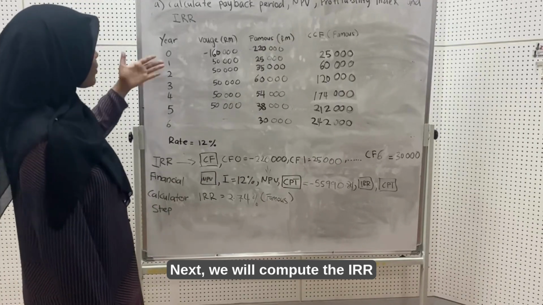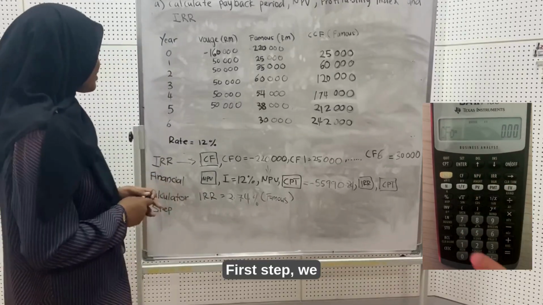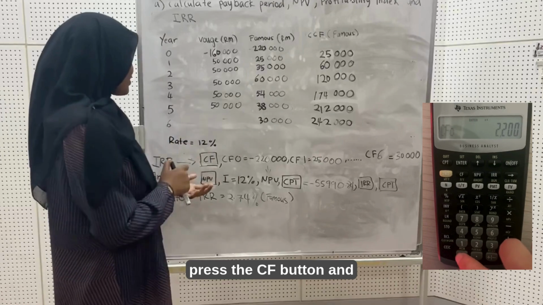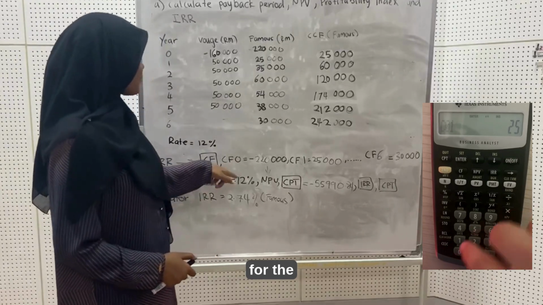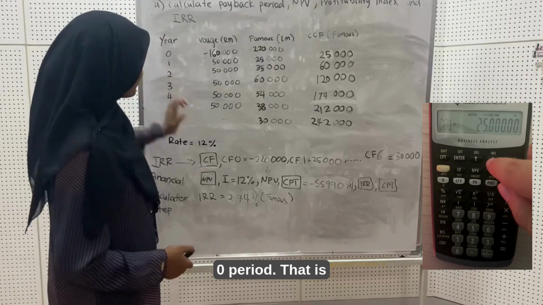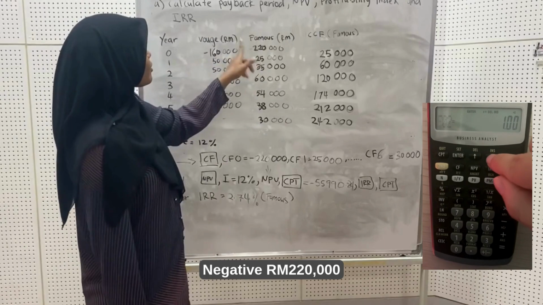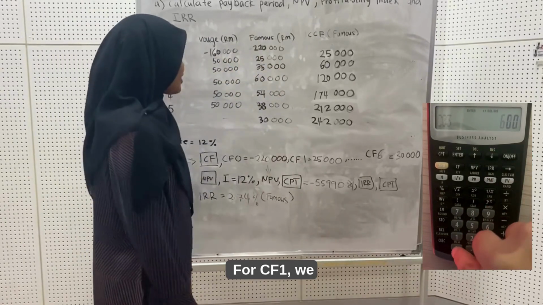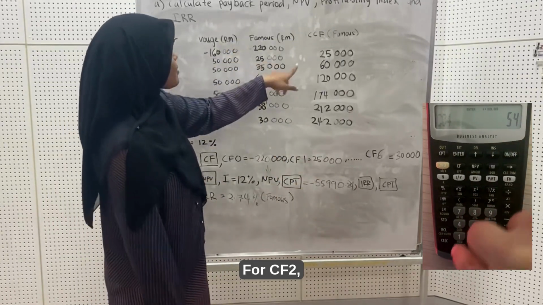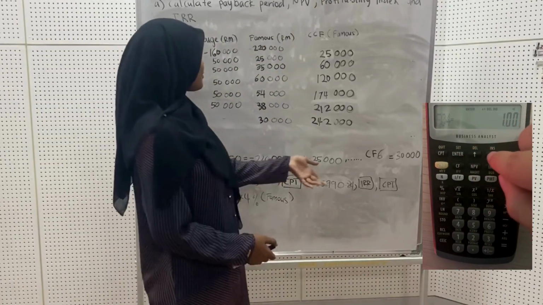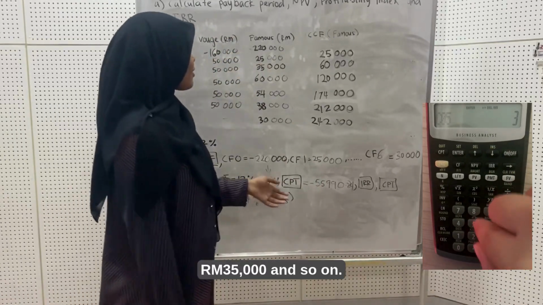Next we will compute the IRR for the famous project. The steps will be the same. The first step, we press the CF button and key in the CF for the 0 period, that is the initial investment, negative 220000, and for CF1 we key in 25000, and for CF2 35000, and so on.